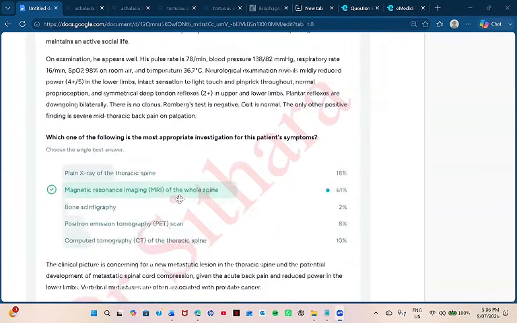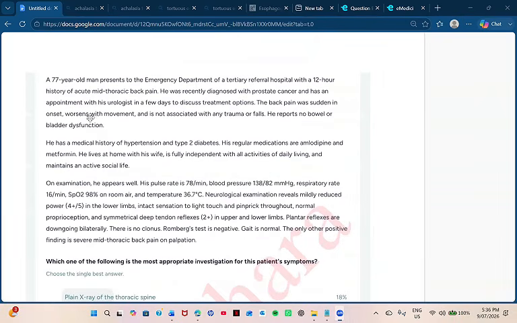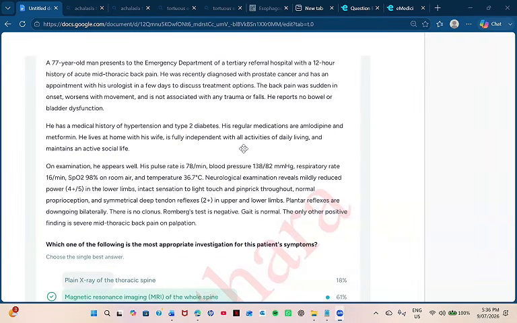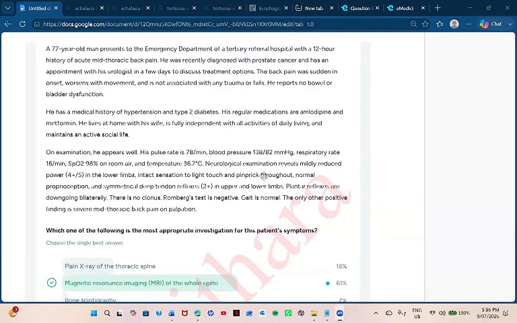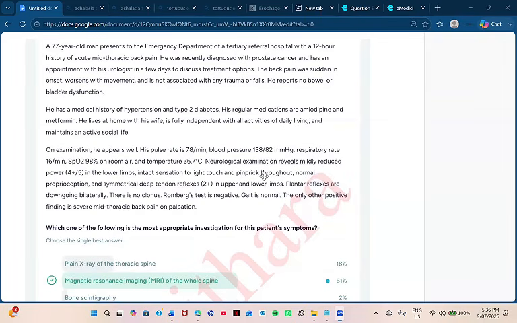Seven. A 77-year-old man presents to the ED of a tertiary referral hospital with a history of acute mid-thoracic back pain. He was recently diagnosed with prostate cancer and had an appointment with his urologist a few days ago to discuss treatment options. The back pain was sudden onset, worse with movement, and not associated with trauma or force.